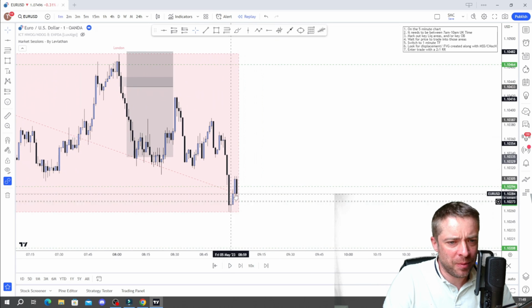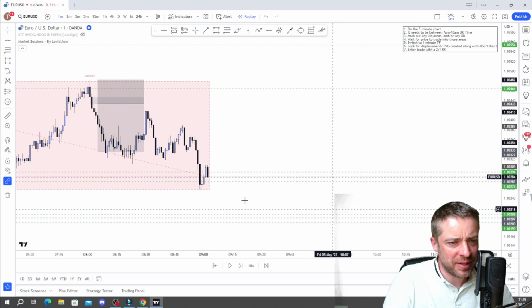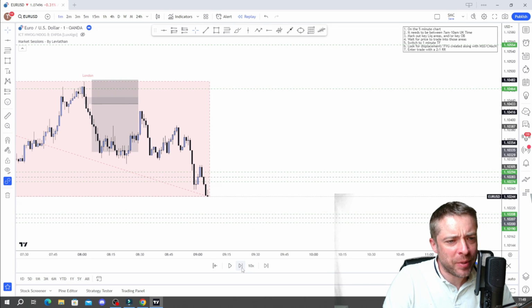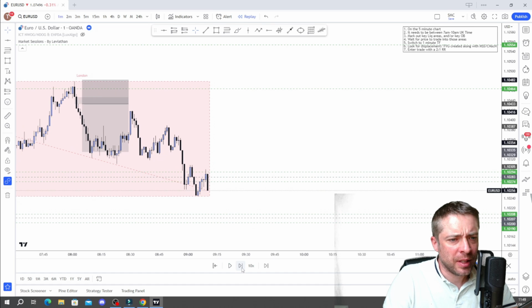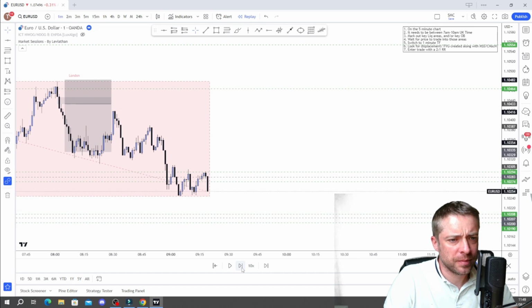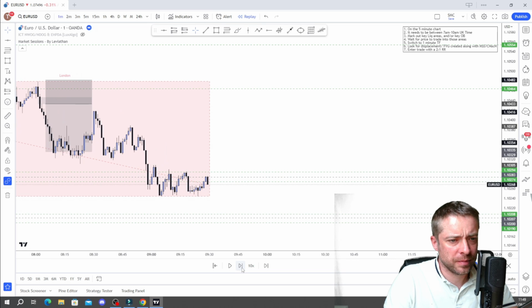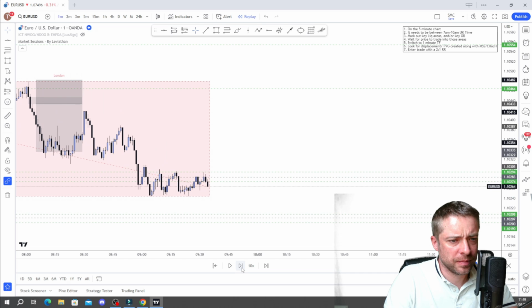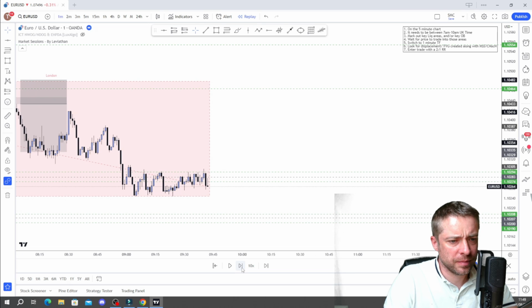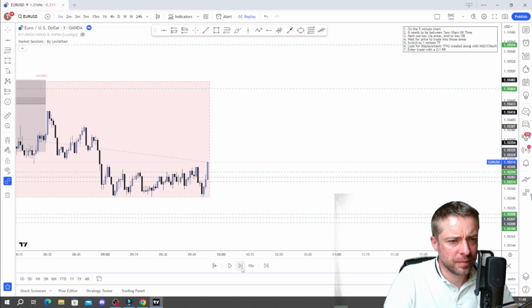Right, there we go. We've had this order block or liquidity tapped into down here. So let's see if we get a change of character. That's all we're looking for. There's our change of character there.